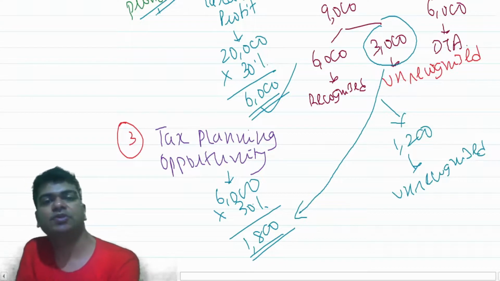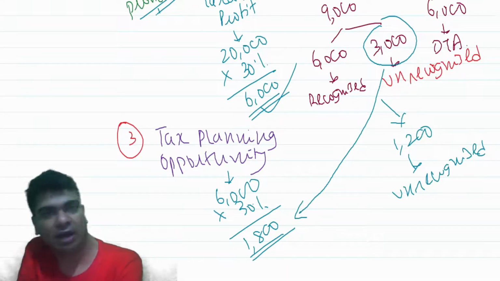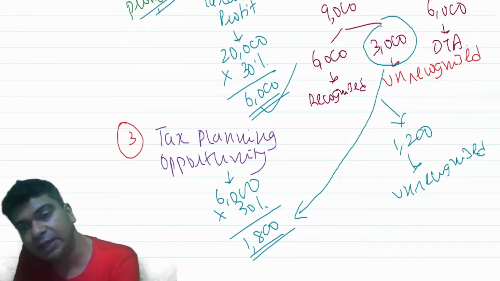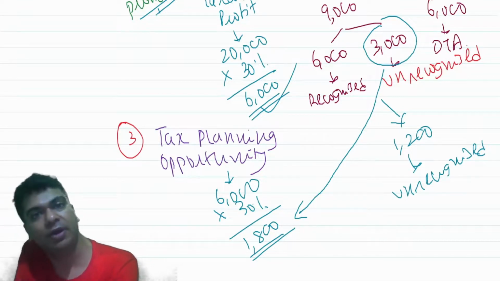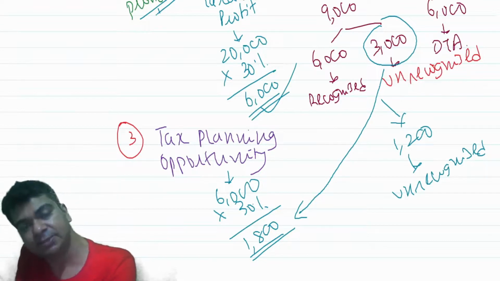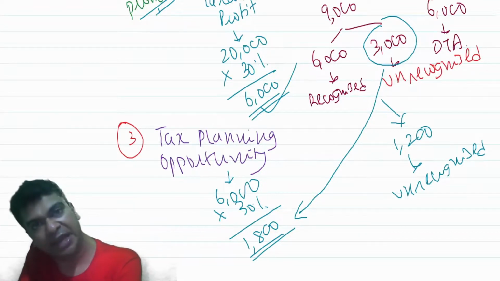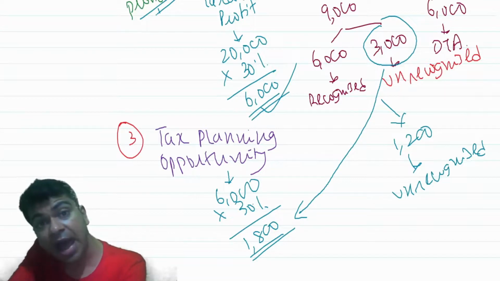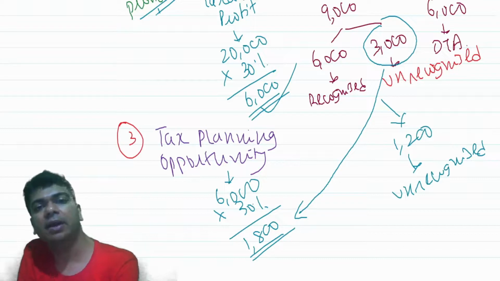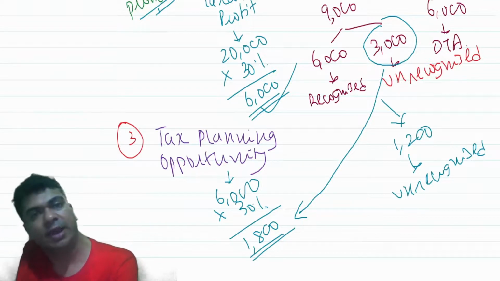Yes, in the next assessment year, when better opportunities are available, you may then recognize this unrecognized portion of DTA. I'm not saying that 1,200 will remain unrecognized permanently. For example, in the next assessment year, there is a higher amount of taxable temporary difference available. Then whatever is the unrecognized DTA, that can be recognized by me.